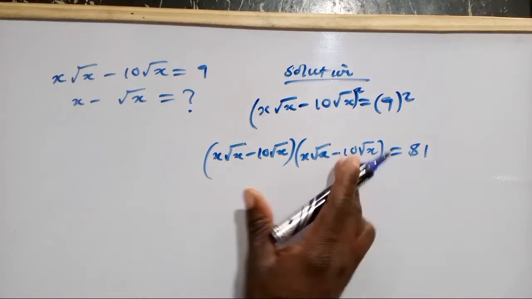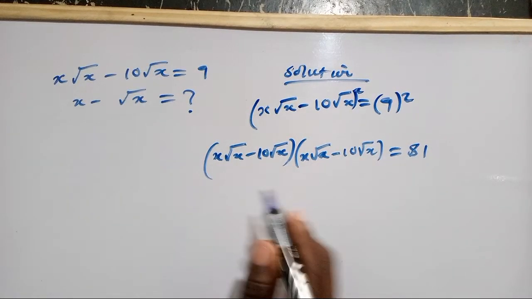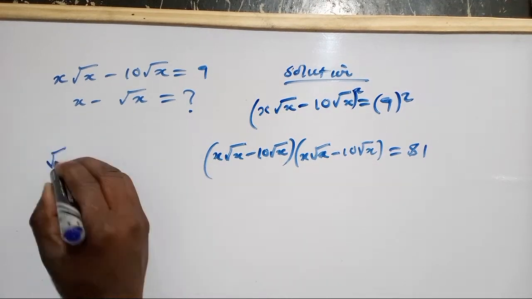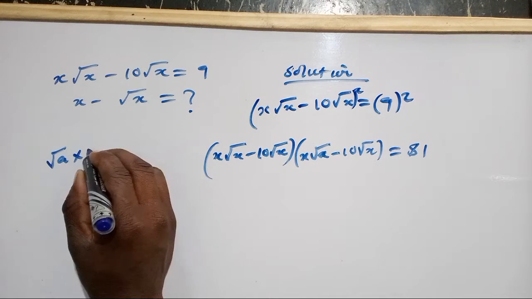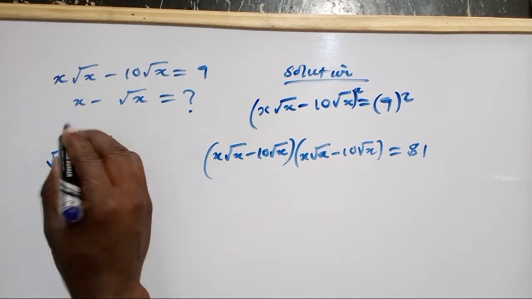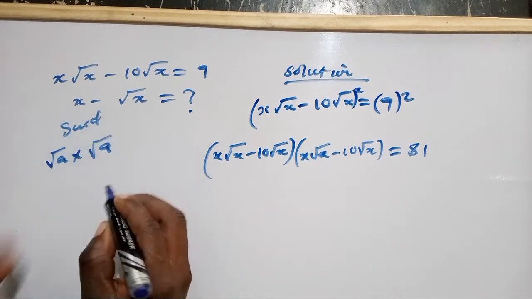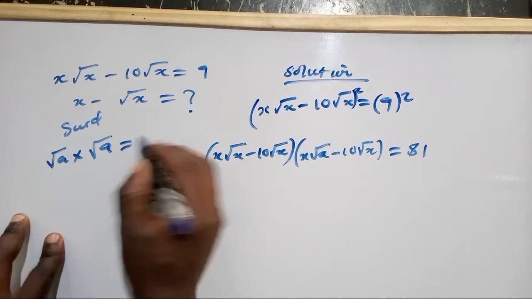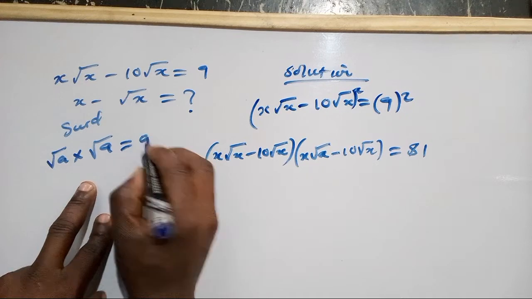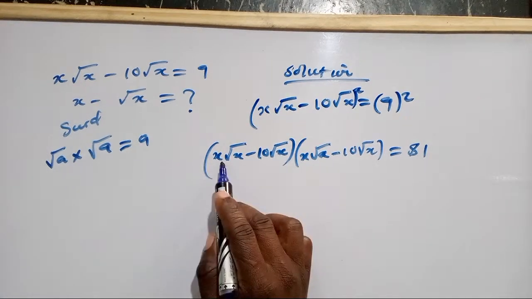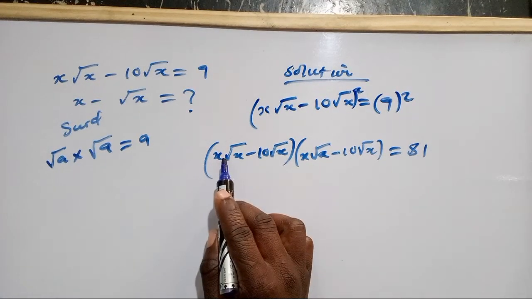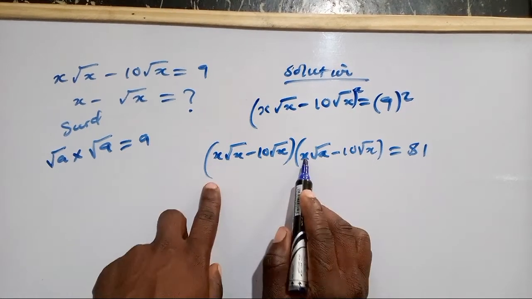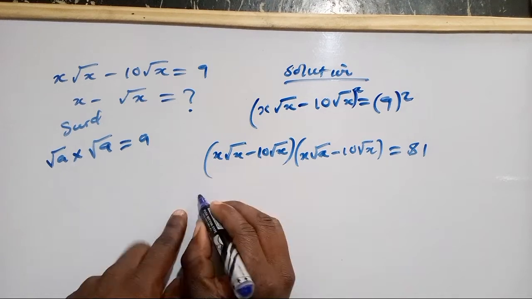Whenever you have a term like root a multiplied by root a, if you remember very well, the outcome will be a. So we're going to do the same thing here, in which we'll have x times x, which is x squared.